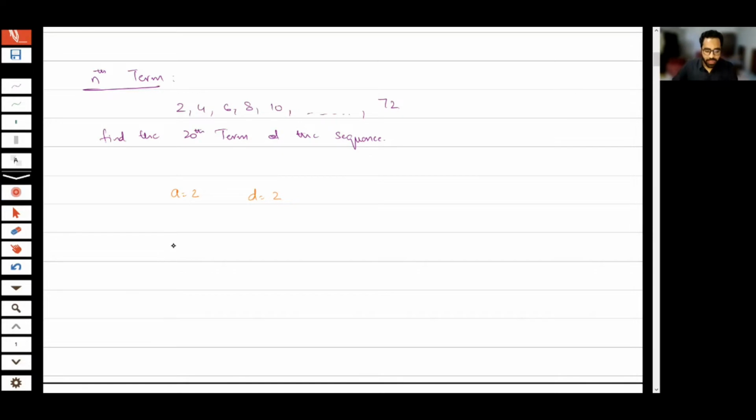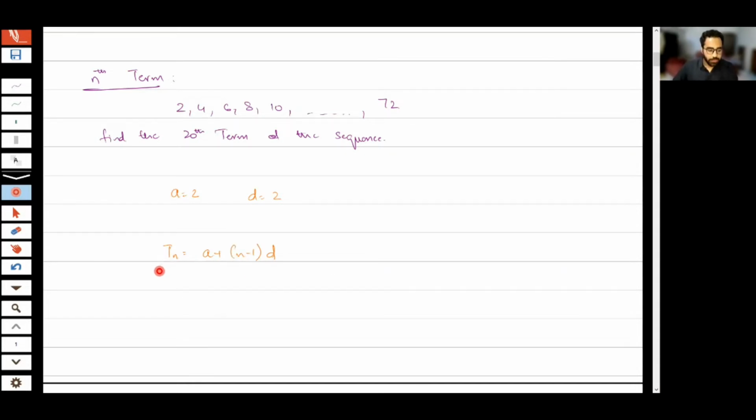So yeah, any term in the sequence can be represented by the formula a plus (n minus 1)d. Over here, a is my first term, d is the common difference, and n is the term number. And if I have to find out the 20th term, the value of n over here would be 20.